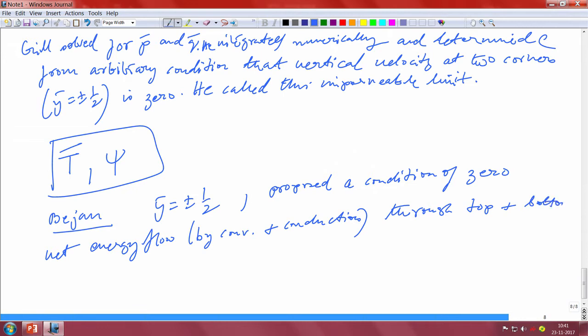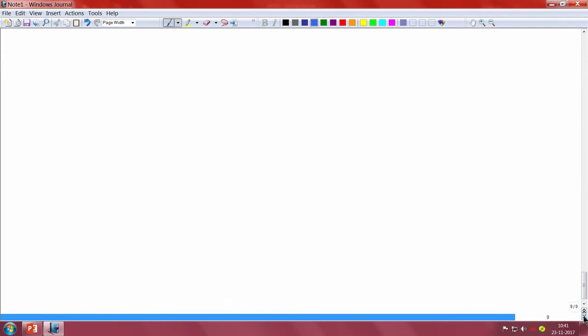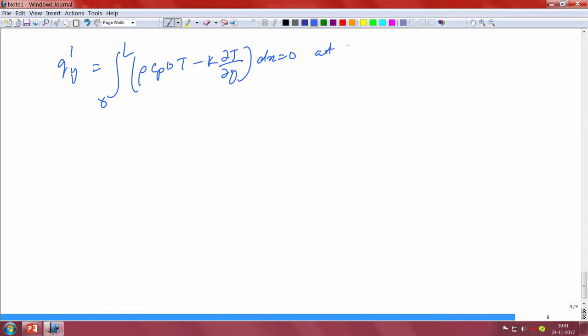So, it basically takes into account the adiabatic wall condition as well as, at the same time, the impermeable limit, what Gill actually did. So, his Qy prime looked something like this: rho Cp vT minus k dT by dy, integrated over x, is equal to 0 at y equal to plus minus h by 2, because it is in dimensional space.